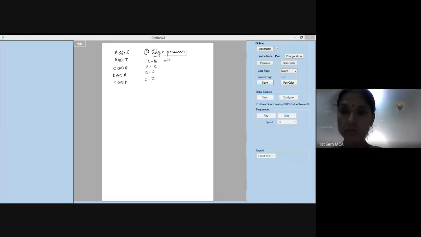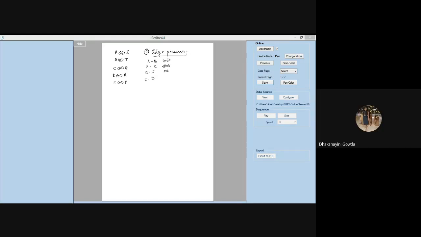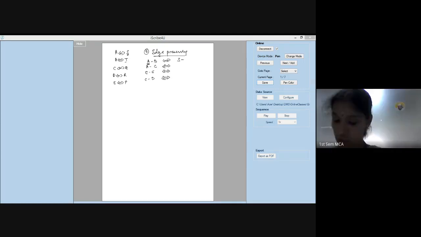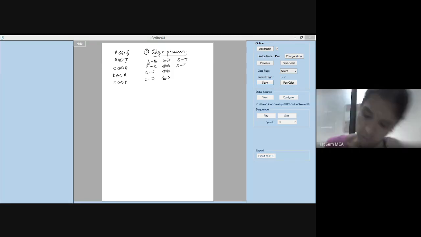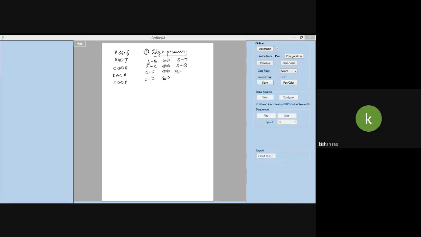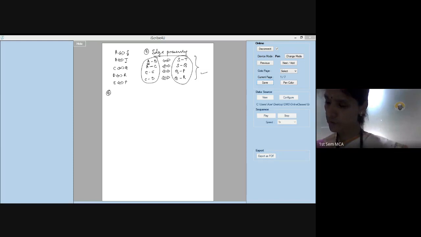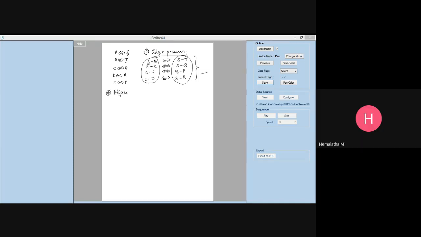Darshan, Present, ma'am. Diksha, Present, ma'am.